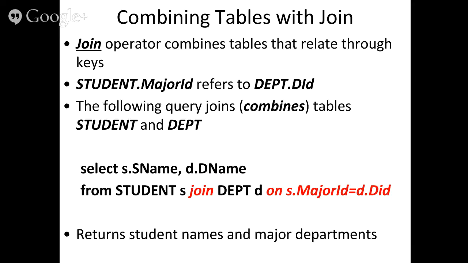Now, why do we have to join in the first place? That's because we normalized, right? Why is the data living in 2 different tables? Why isn't the data in the same table? Because we normalized. Remember we did that? We ran into an issue and we said, this is best if we split it into 2 tables, a student table and a department table.